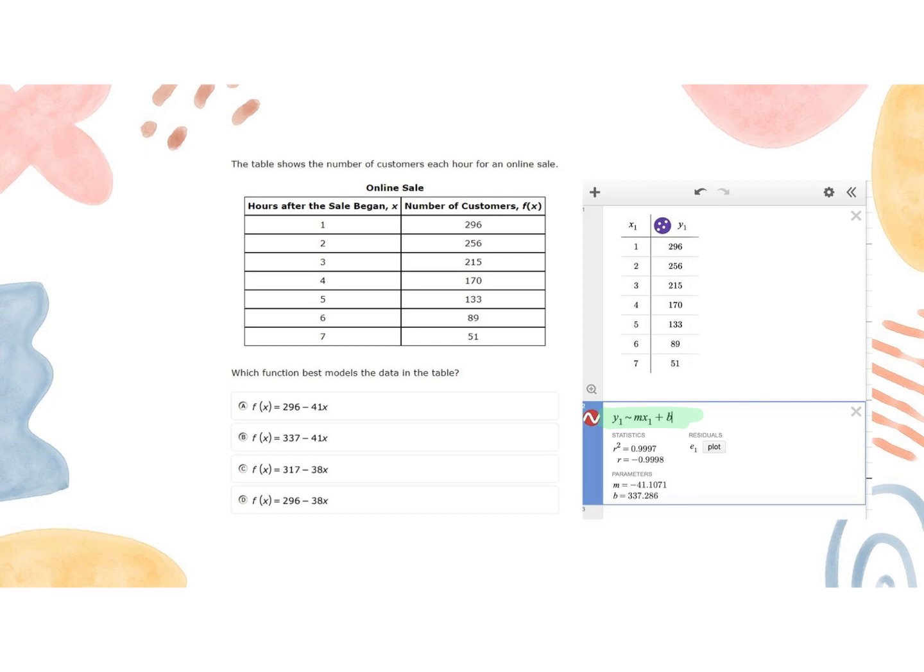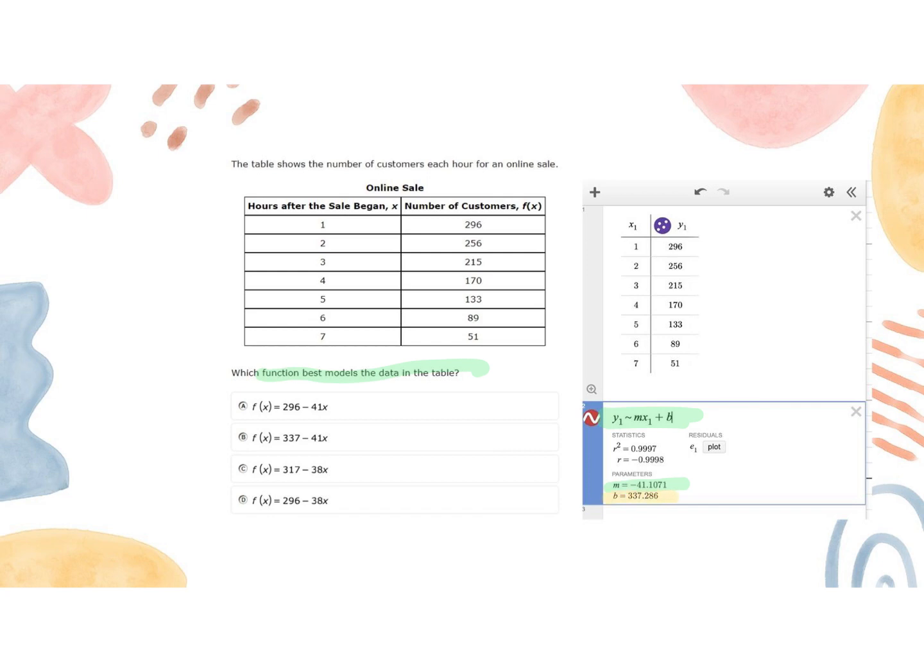I have y sub 1, that tilde sign, mx sub 1 plus my b. And it just asks which function. So it's asking to create the equation. So here I know this is my slope. So I'm looking for a negative slope of 41. And then my y-intercept is at 337.286.